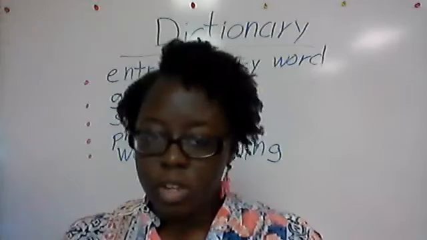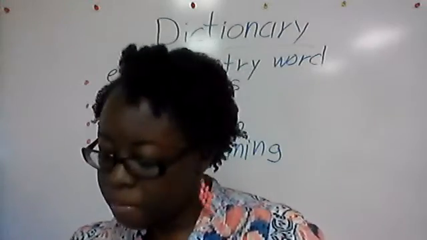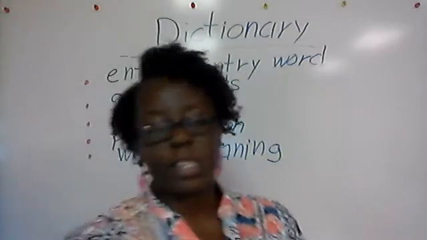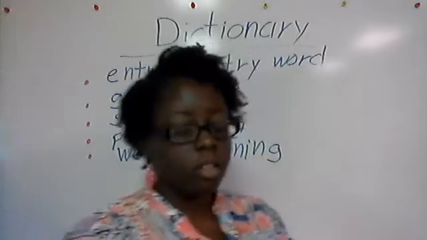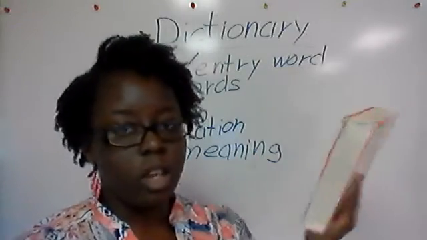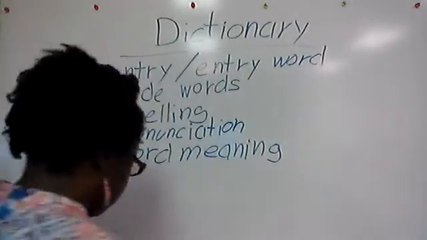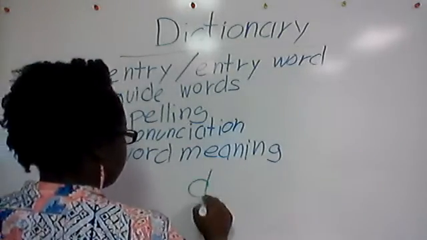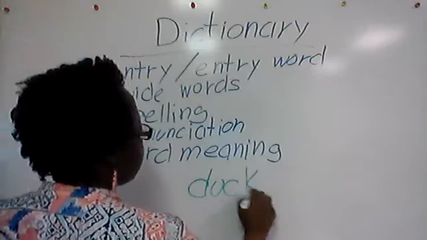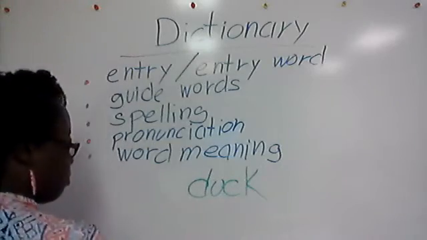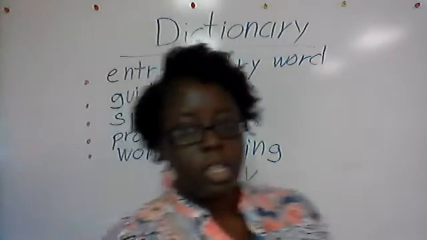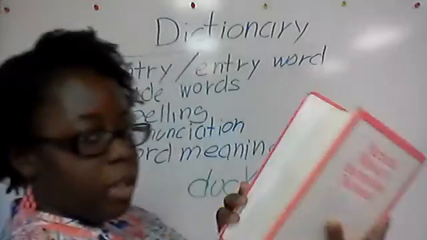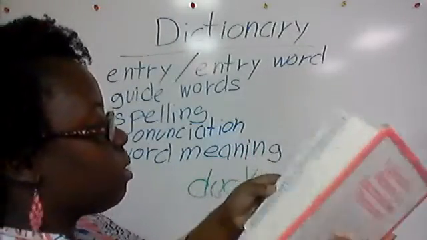So looking at my dictionary right here, if I were looking for, say, the word duck, what letter does duck start with? Find marker right here. It starts with a D. So the first place I would look when looking for the word duck is D, and D is near the beginning of the alphabet. So let's see.